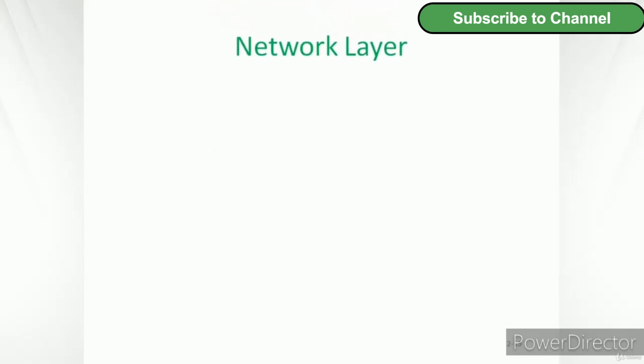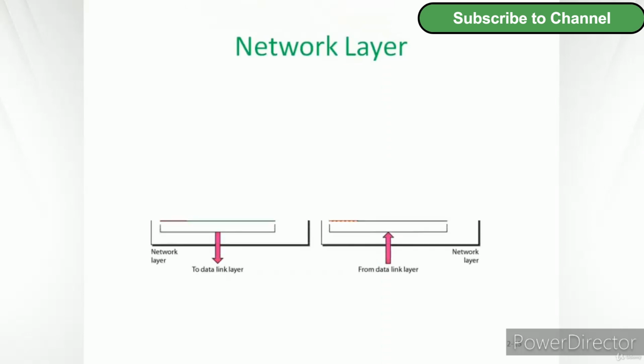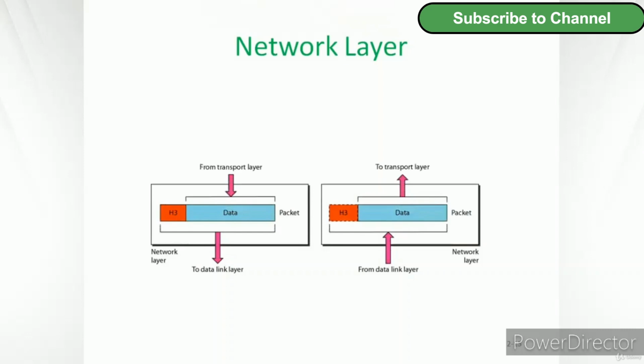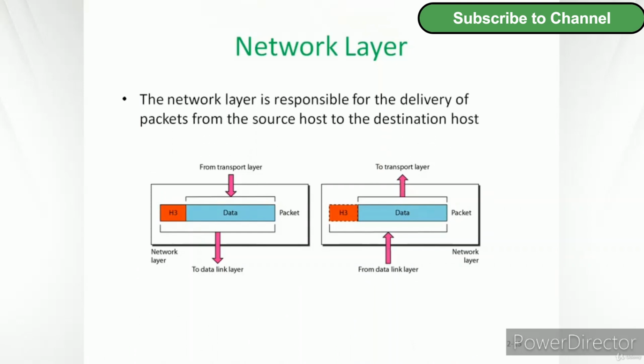Then the next layer we have to study is the network layer. You can see here the network layer. Data flows from the transport layer and is given to the data link layer, and again at the receiving side from the data link layer to the transport layer. So the network layer is responsible for delivery of packets from the source host to the destination host.